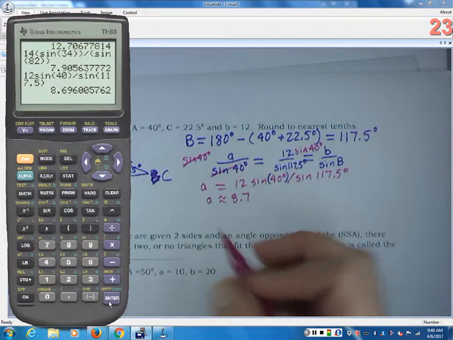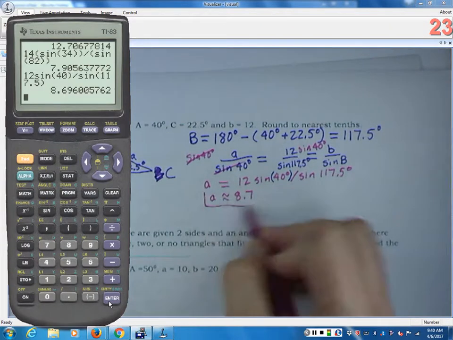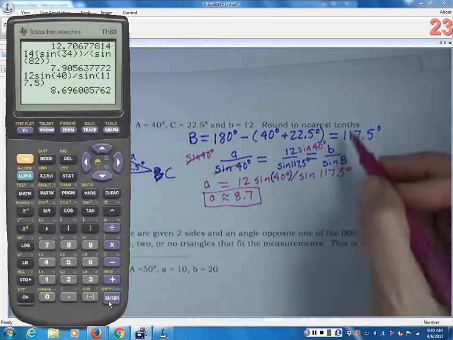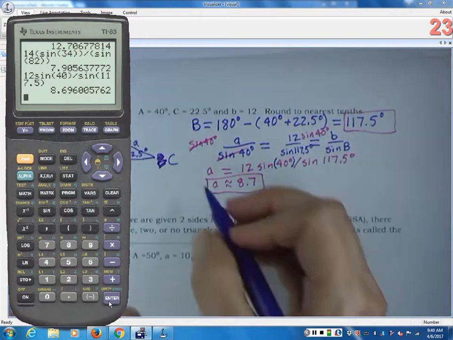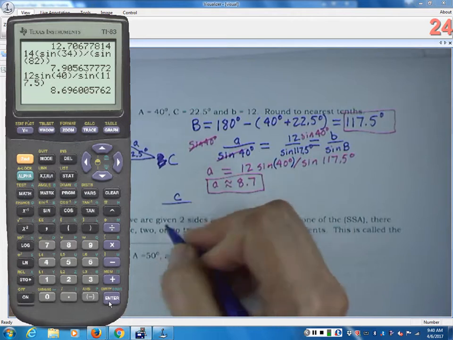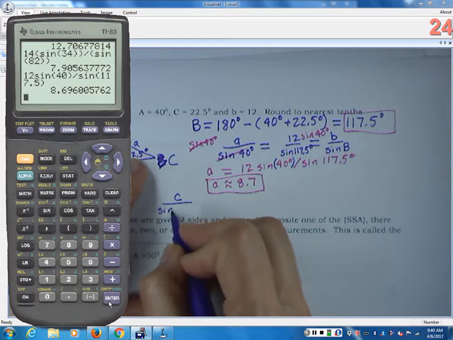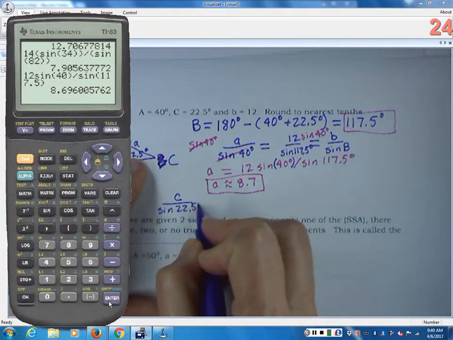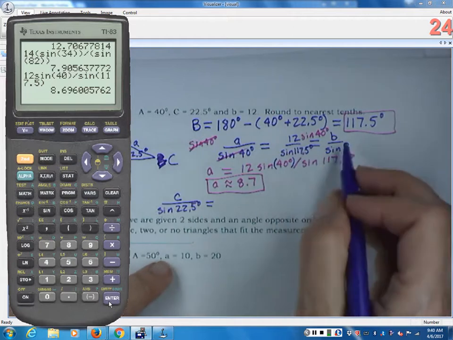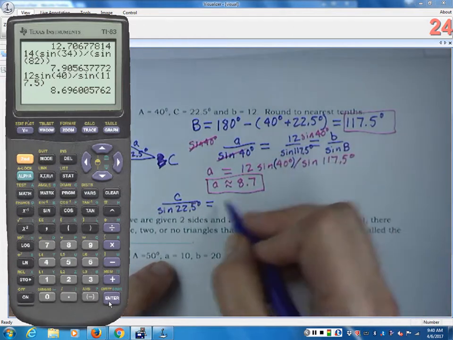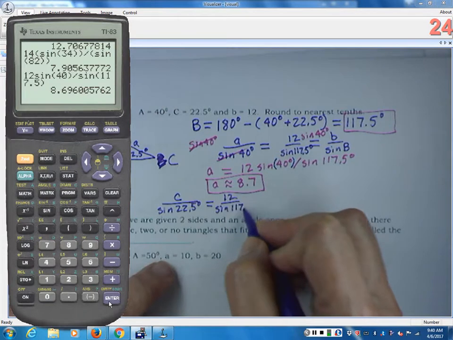Now we need to find c. We'll box in our answer. So now we want to find c. It's going to be c over sine of 22.5 degrees equals, well, it doesn't matter which one you use, I'm going to continue to use b over sine B: 12 over sine 117.5 degrees.